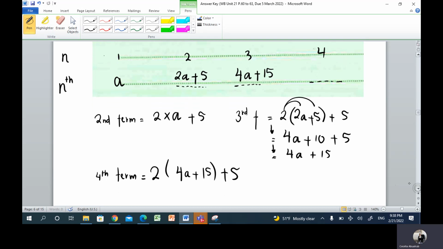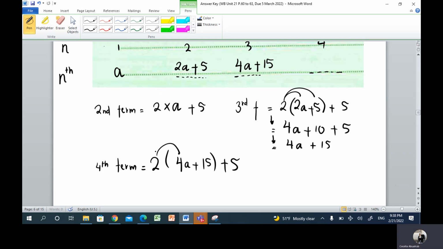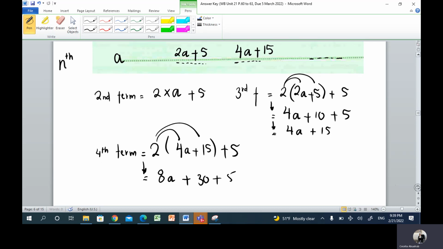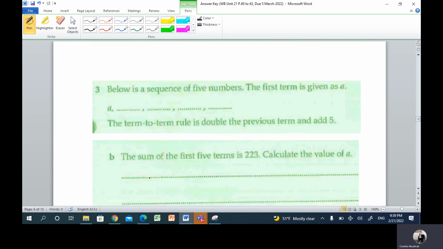That's the term-to-term rule. Now we need to expand. So 2 times 4a, it will be 8a. 2 times 15, it will be 30, plus 5. And at last here, sorry about this.